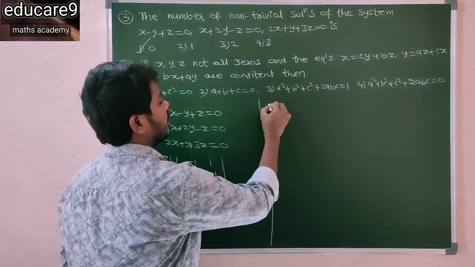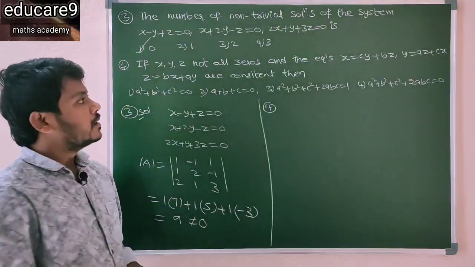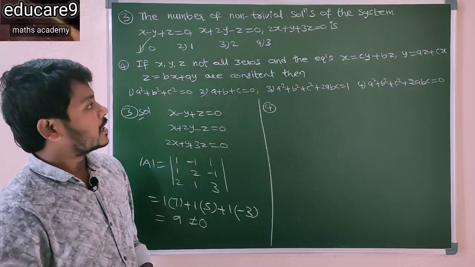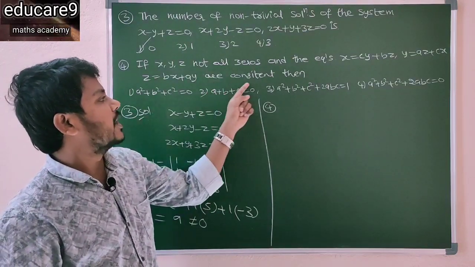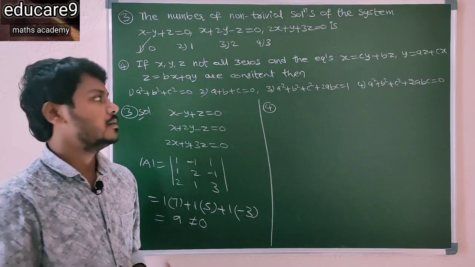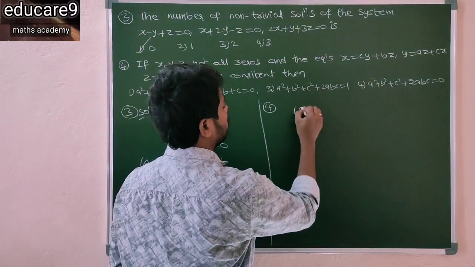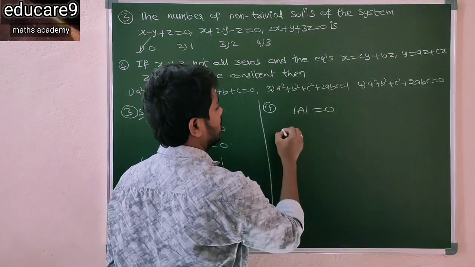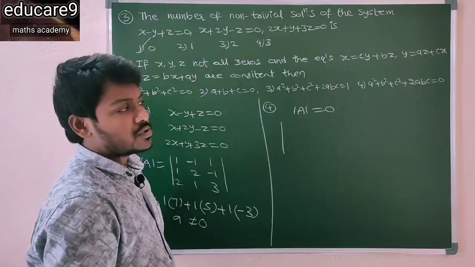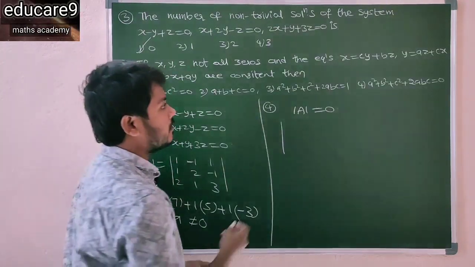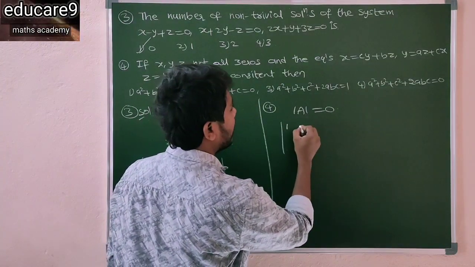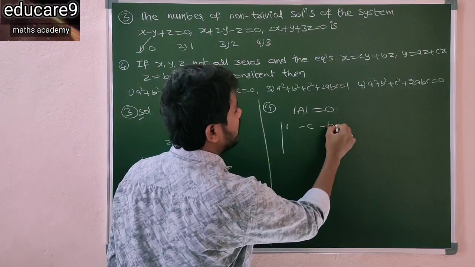So see the fourth one. The x, y, z are not all 0 and the equations are consistent. So it means determinant of A equals 0. So here, write the coefficients of x, y, z. It is 1, minus c, minus b.